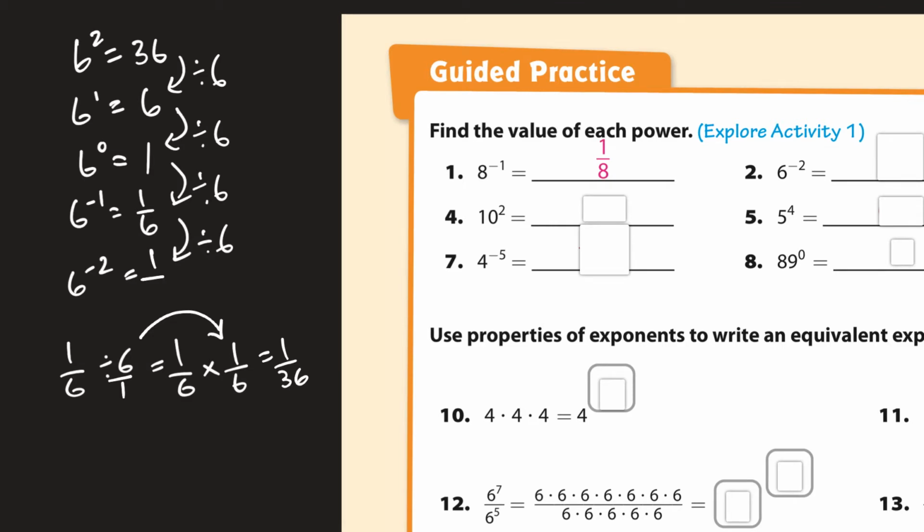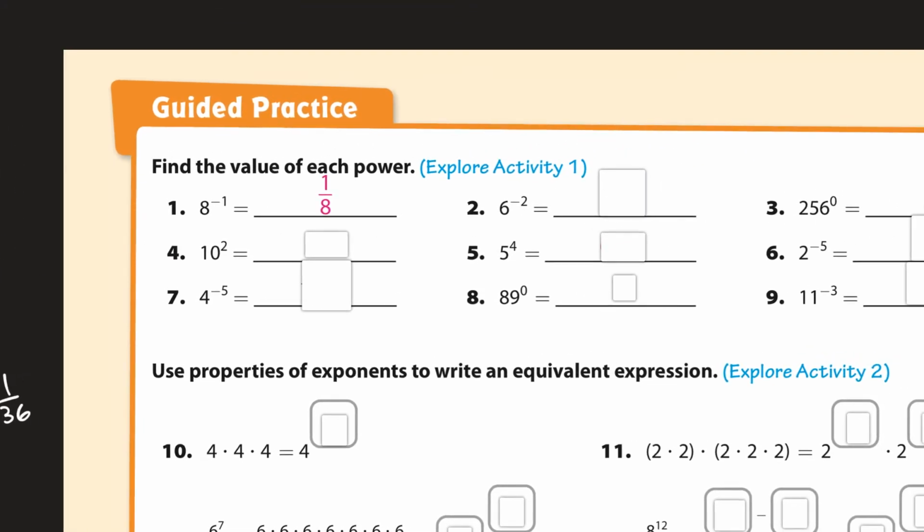And that's what this is. Hopefully you can see this relationship. 6 to the second power is 36, but 6 to the negative second power is 1 over 36. And that's what we should have right here.